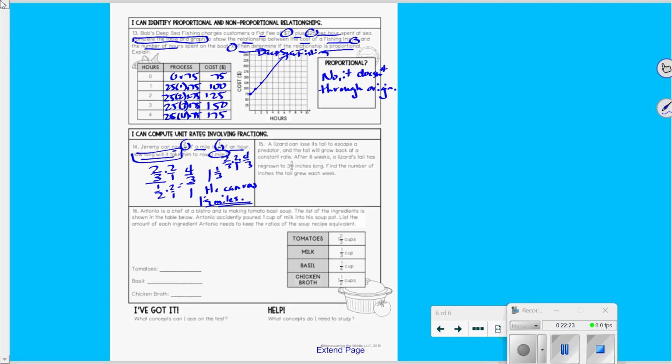Yes? It says how long is it until it's 1 mile? Oh, thank you. So it would be 3/4 of an hour. I solved the wrong problem. Thank you. And it's on tape too. 2/3 of a mile. I want to know how long for 1 mile. So I did it backwards. Half hour and 2/3 of a mile.